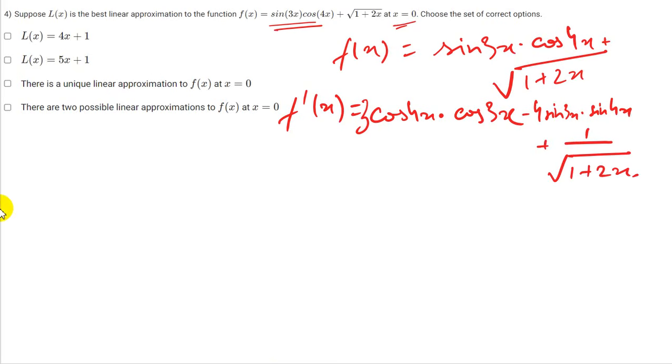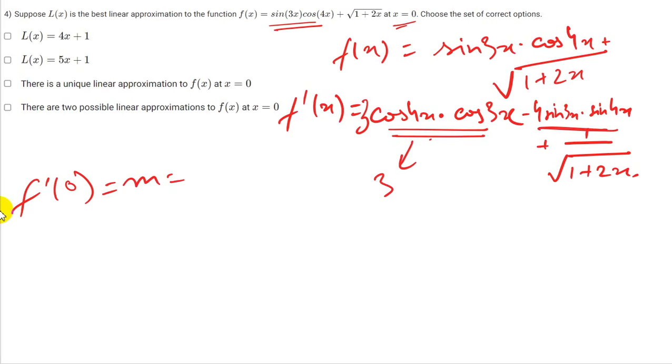Okay, so let us put 0 now. f'(0) would give us the value of m, which is equal to, so this would become 1, because cos 0 into cos 0 will become 1, and this is 3, and this is 0, and this is plus 1 or minus 1.